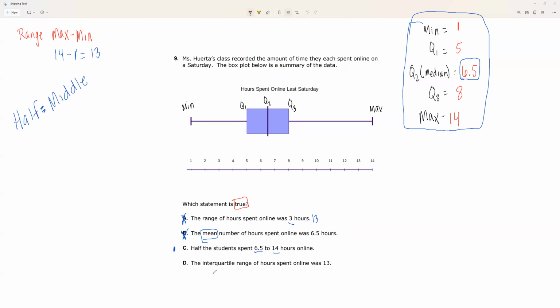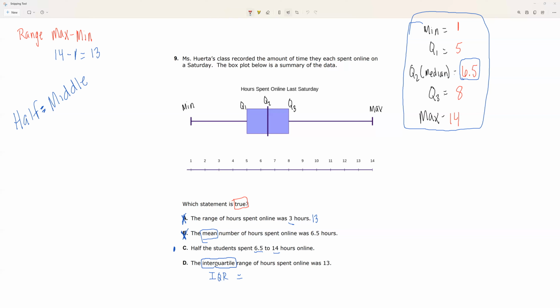Now, my interquartile range, also my IQR, is saying that it was 13. Whoa. Well, I got my range as 13, but I guess I could check it. Maybe it's the same. Now, IQR, or my interquartile range, is also finding a range. That's when you subtract, just like we did, subtracting our max and our min. But this time we have to pay attention that we have that word quartile.